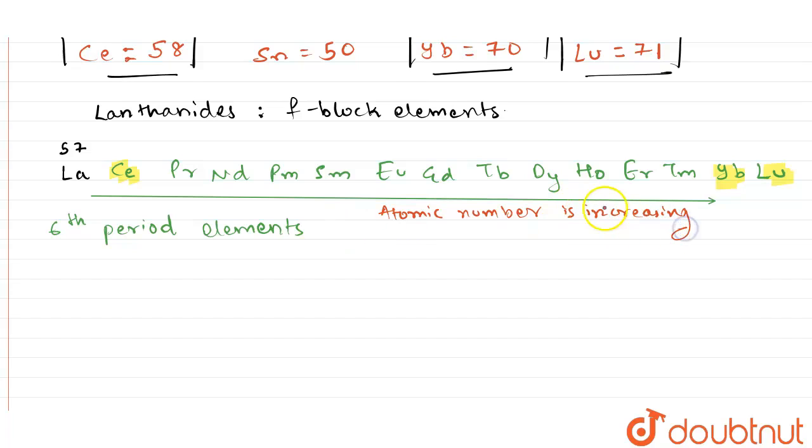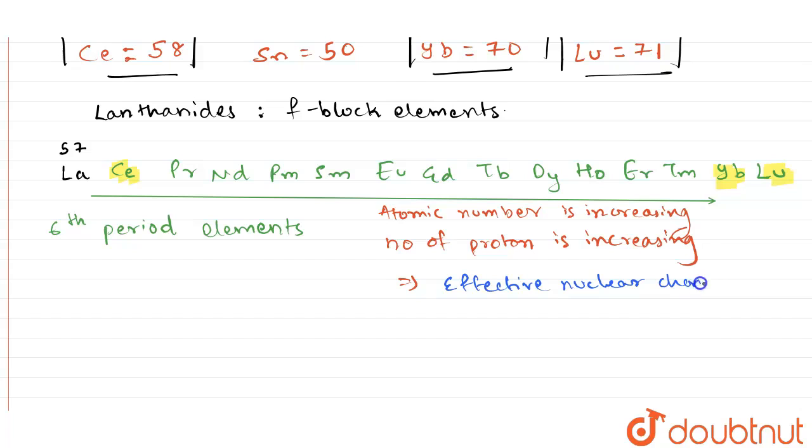But the shell in which the electron is being added is the same. The shell is the same, but the number of protons is increasing. Since the number of protons is increasing, we can easily conclude that the effective nuclear charge is increasing.